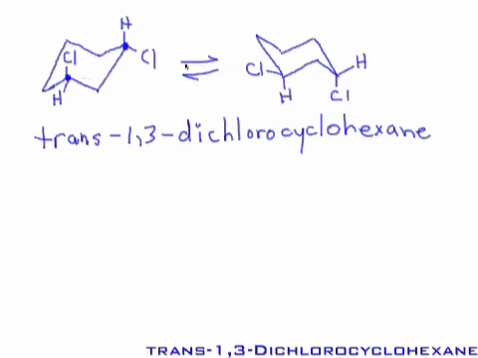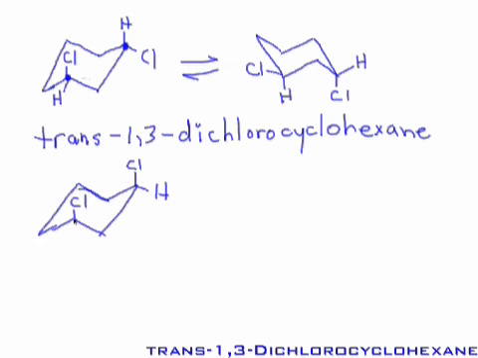That must mean there must be a difference in the cis. So let's take a look at the cis isomer if we can. Okay. So what I'm going to do is switch the H and Cl on the first carbon and keep the Cl and H the same on the other carbon.